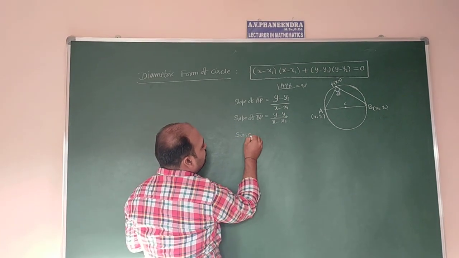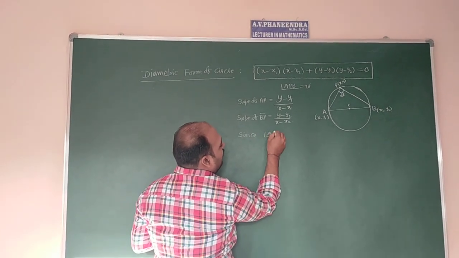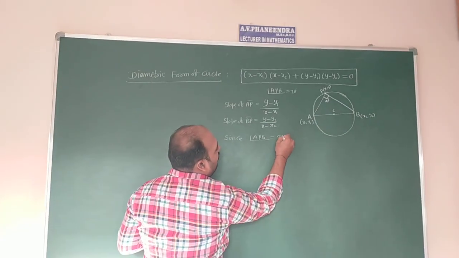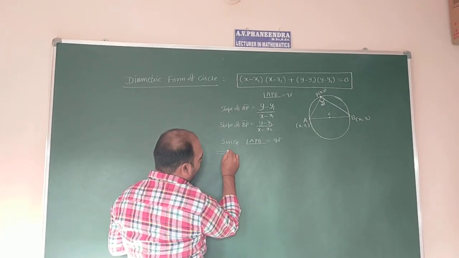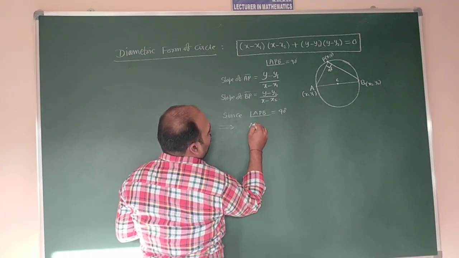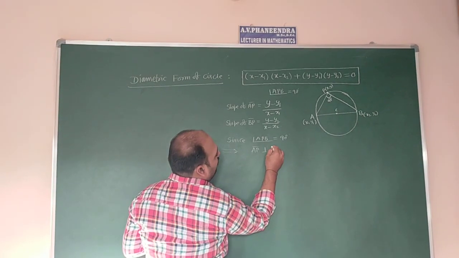Since angle APB is a right angle, that implies AP is perpendicular to PB.